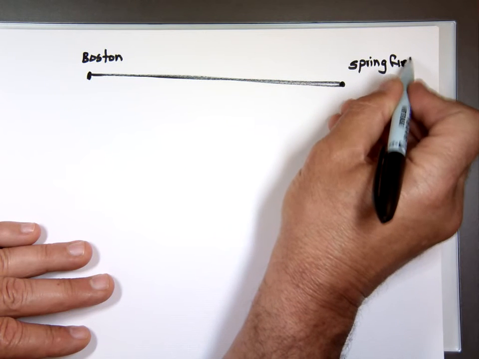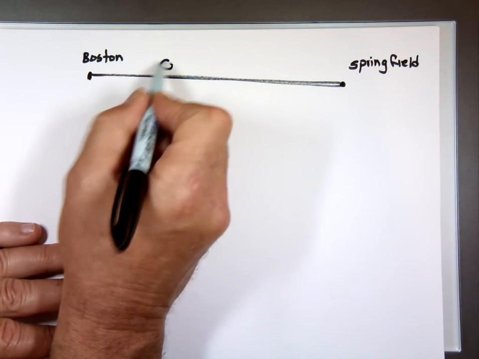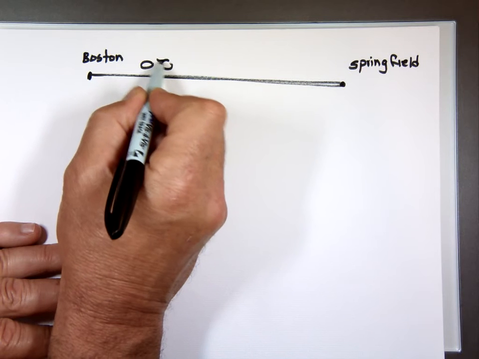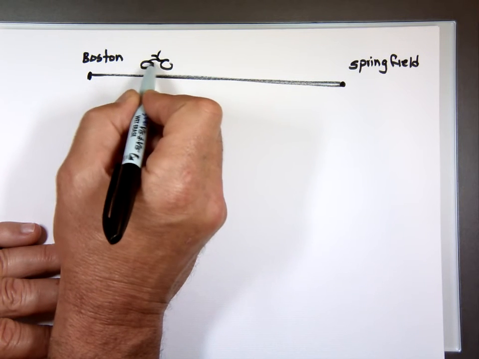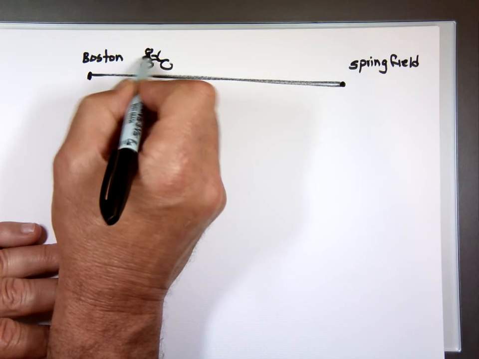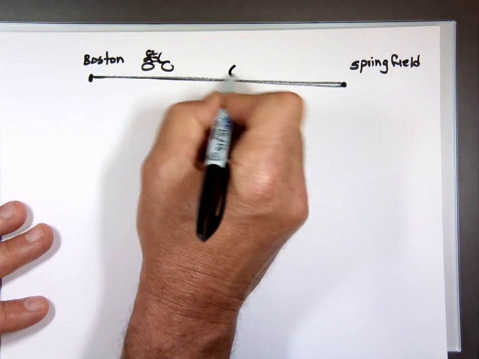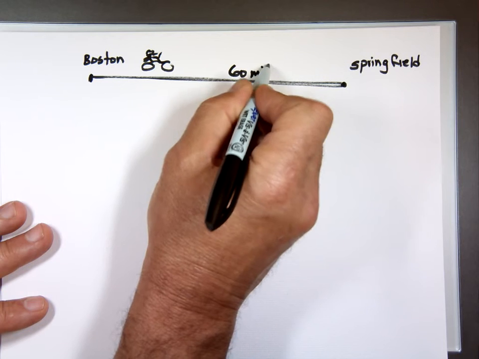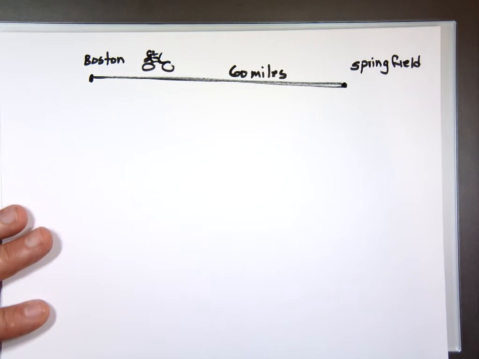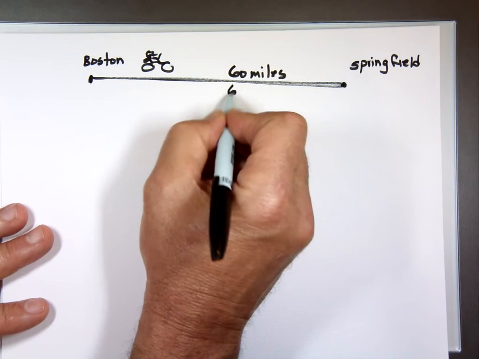So there's you on your bike. That's the bike, and that's you on it, holding the bike. And you're going to go 60 miles this way, get to Springfield, then you're going to travel back 60 miles in the opposite direction.